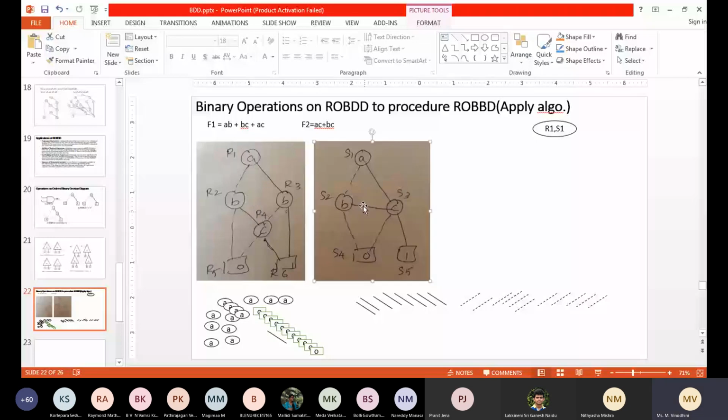In this diagram, the root nodes are R1 and S1. We are going to compare these two and draw this diagram. The root node here is R1, and this root node is S1, so I wrote R1 comma S1 inside this.